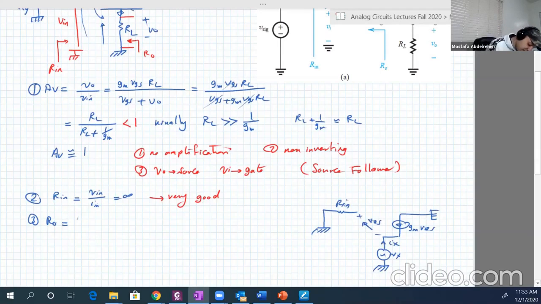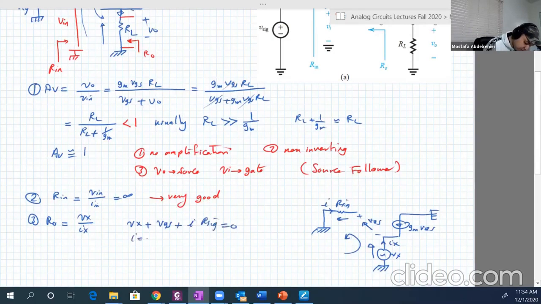So RO is equal to Vx over Ix. What is Vx? From that loop here, Vx is in that way, VGS is in that way, and let's assume there is a current in our signal in that way as well. So we have Vx plus VGS plus I, multiplied by our signal resistance, equal to 0. I is 0, so this term is 0.